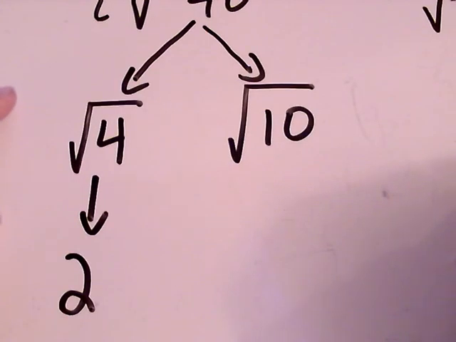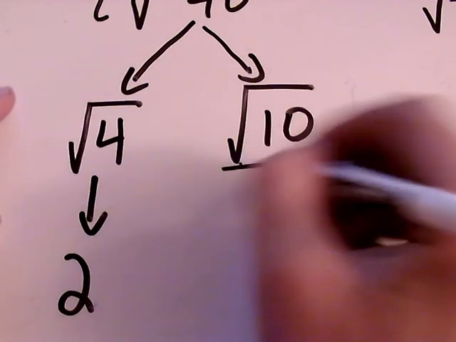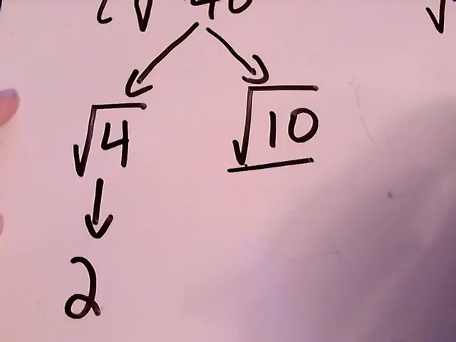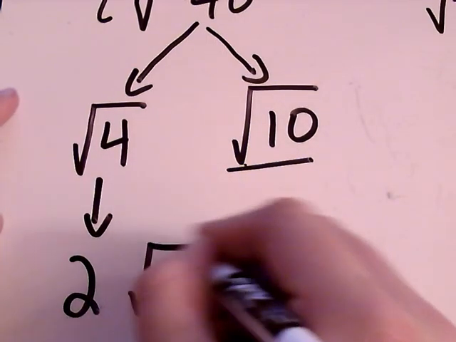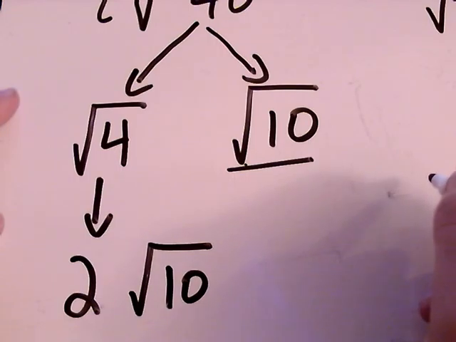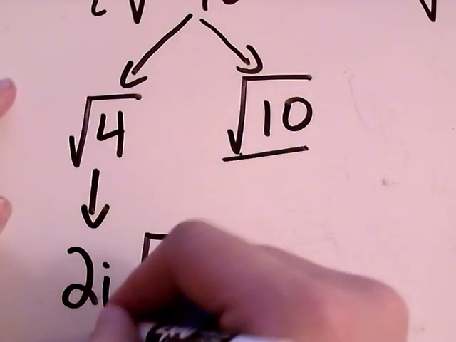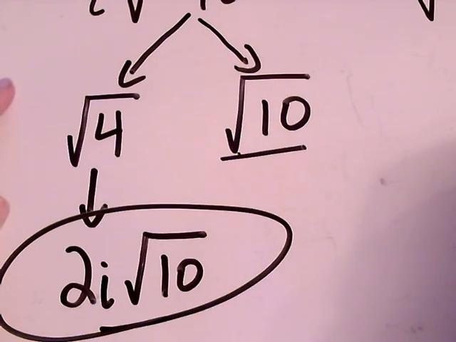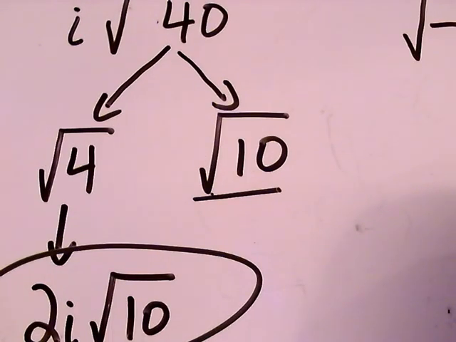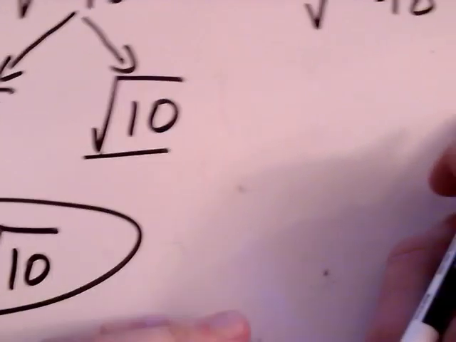So the square root of 4 is 2. Now we could break 10 down, but we cannot break it down to a perfect square. So we're not done. We cannot forget about that i that I left in the top. And there we go, that is the factored-down version of the square root of -40.